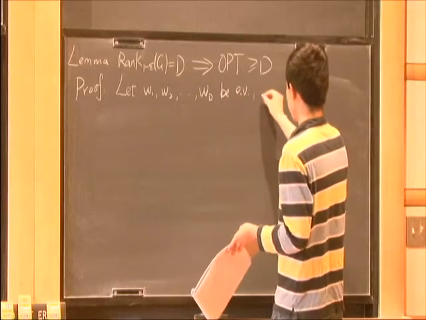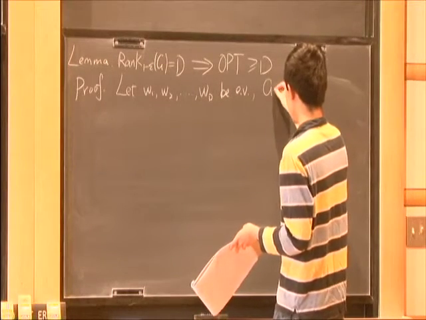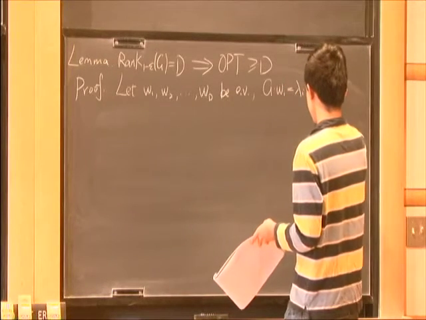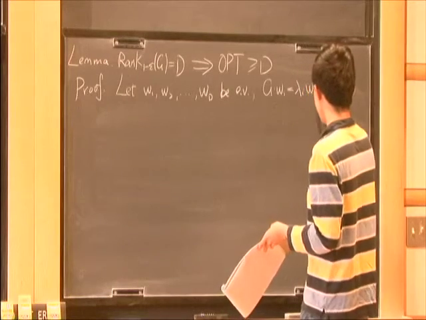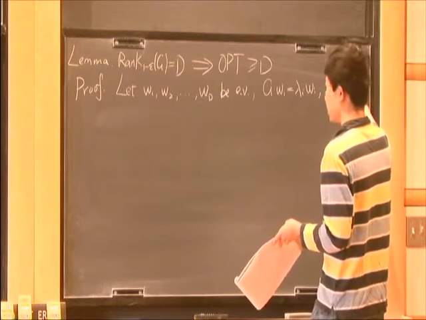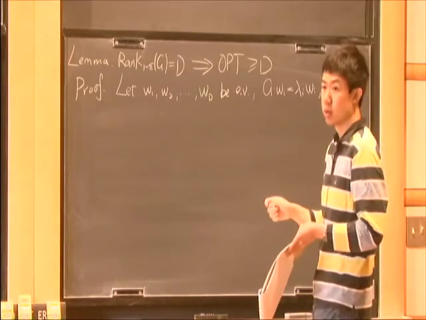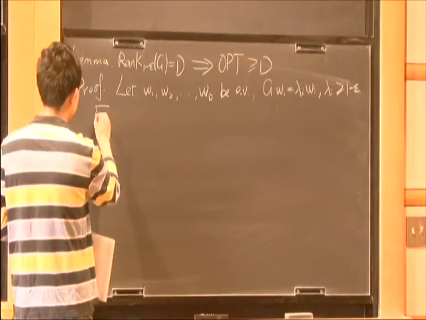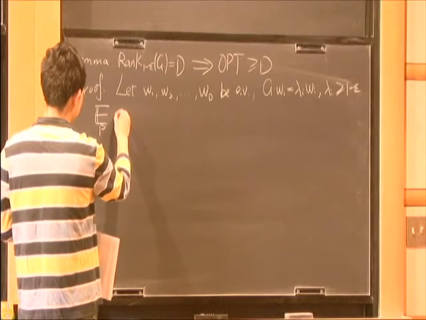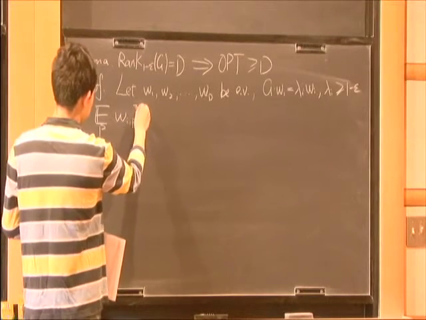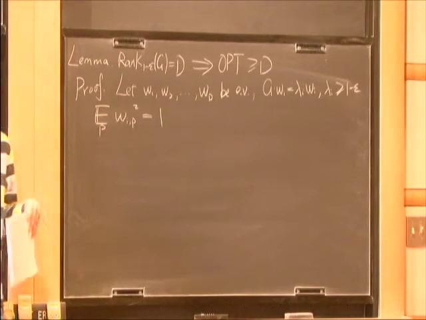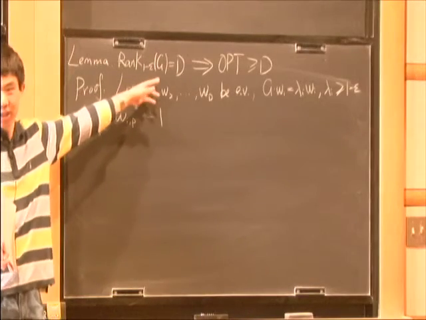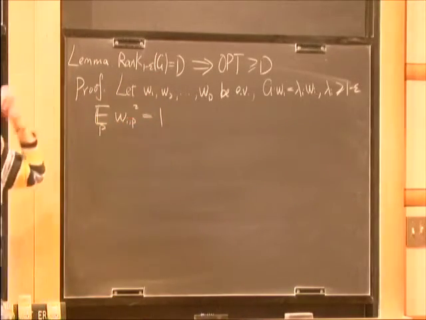By this we mean G times Wi is equal to lambda_i times Wi, and lambda_i is at least 1 minus epsilon. Also, we normalize this by saying that the expected value of Wi(P) squared is exactly 1. So because threshold rank is high, we have these eigenvalues.